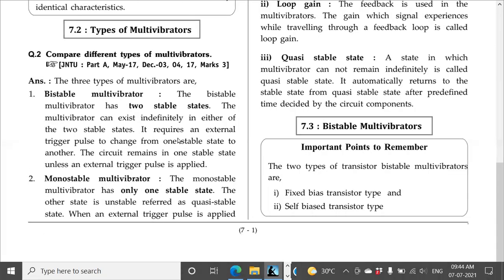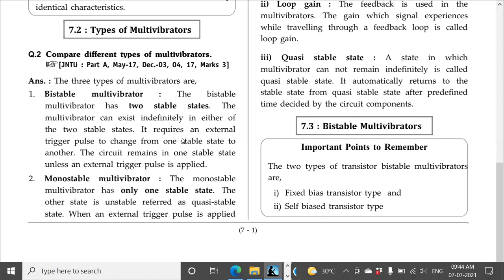When we give a trigger, it goes to the quasi stable state for a short duration and then comes back to the stable state. So we understood that the quasi stable state is not maintained for long.